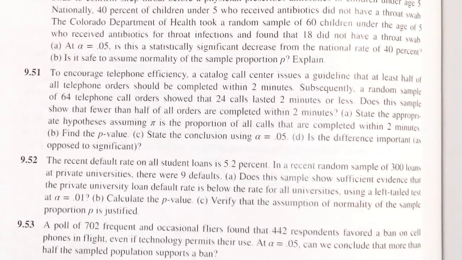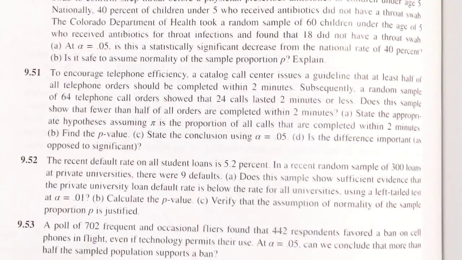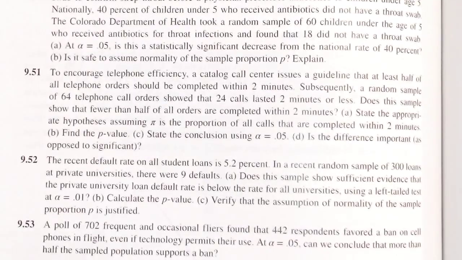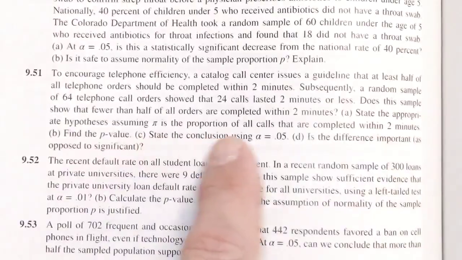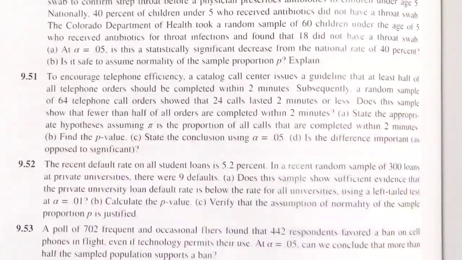So I want to test the proportion of calls finished in less than 2 minutes. What's my null hypothesis? State the appropriate hypotheses, assuming that we are counting the proportion of all calls completed within 2 minutes.